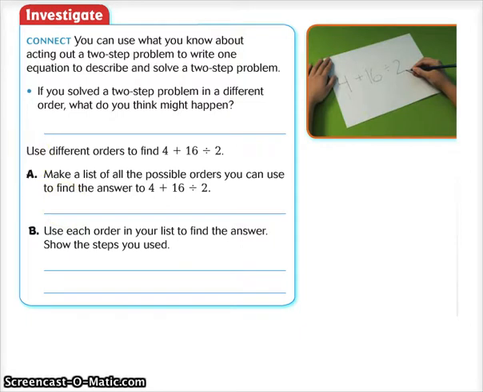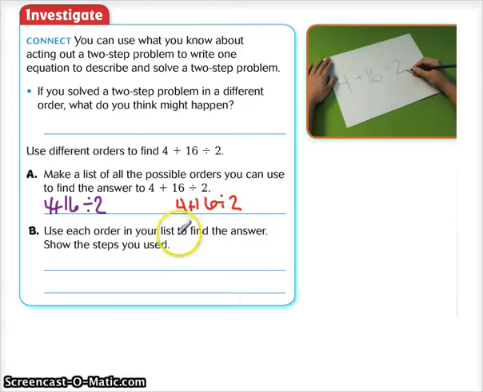First of all, we could do 4 plus 16 and then divide the sum by 2. And another thing we could do is 16 divided by 2 and then add 4 to the quotient.